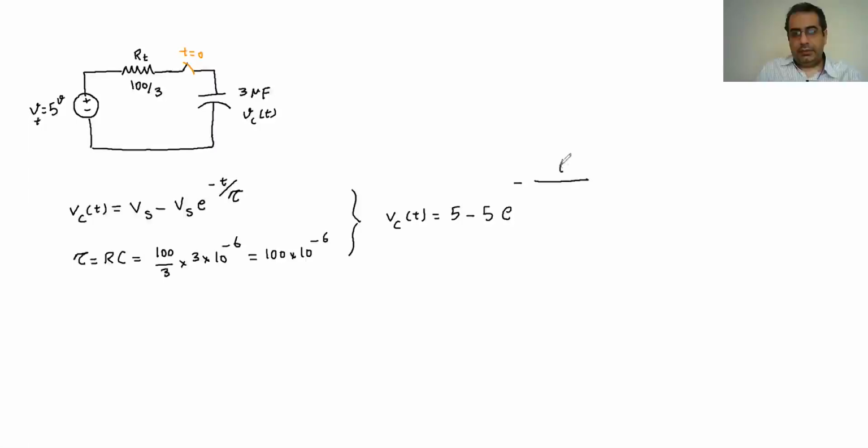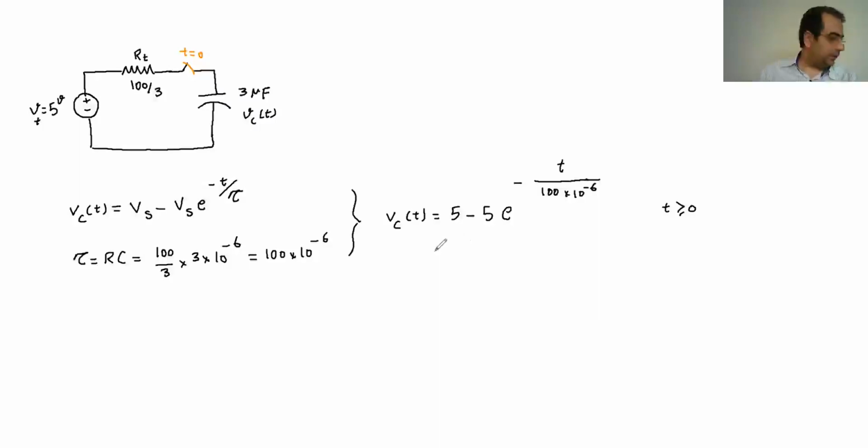So this is how the voltage in this circuit is going to change for t equal to or larger than 0.